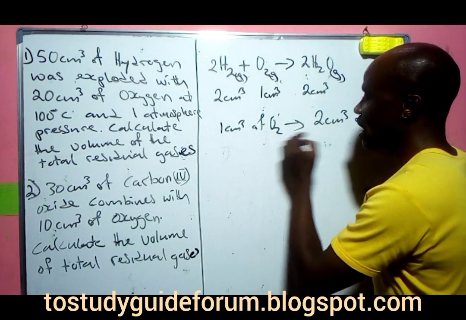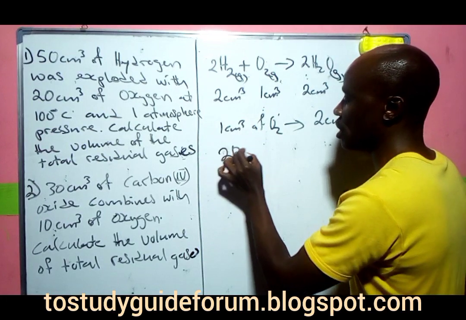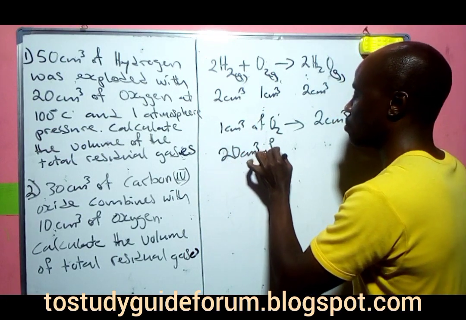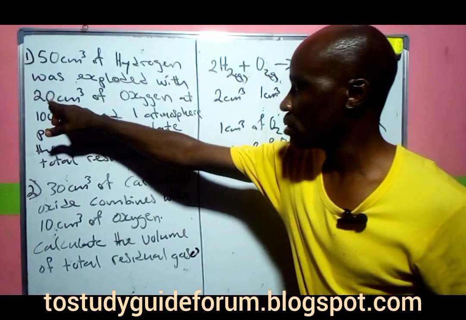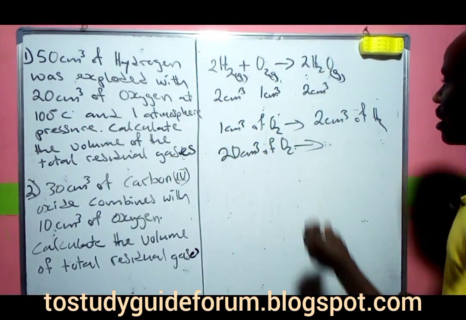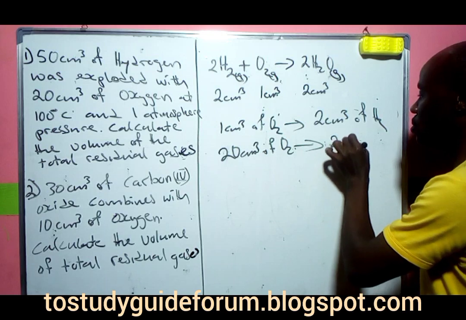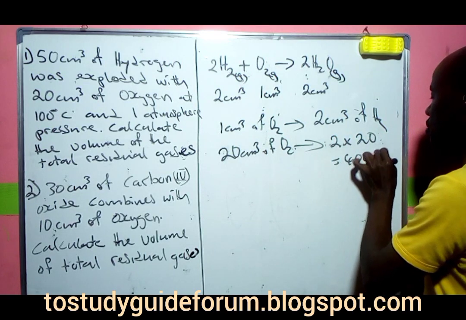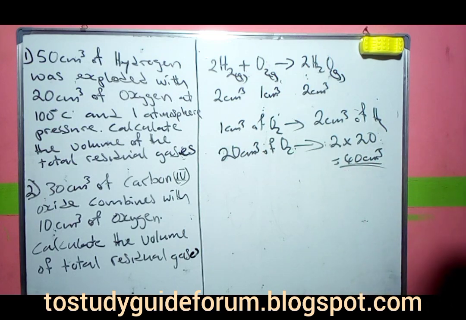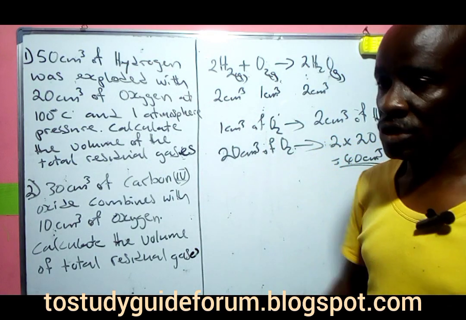So if that is the case, 20 cm³ of oxygen will then react with 2 times 20, that will give us 40 cm³ of hydrogen.